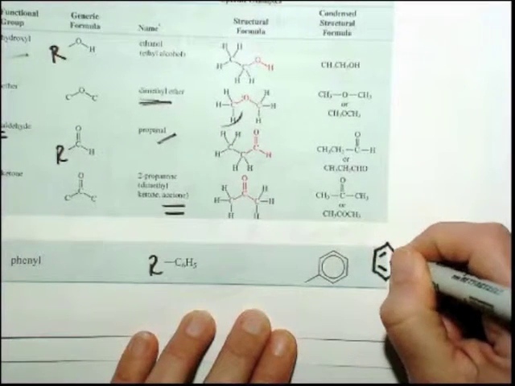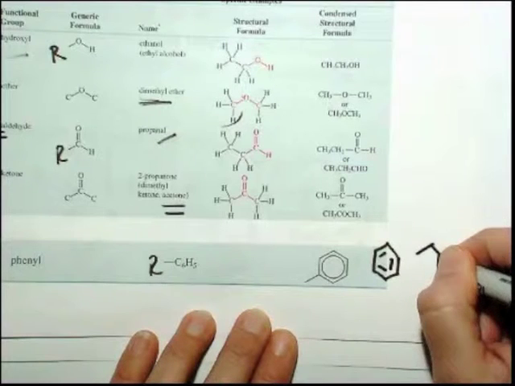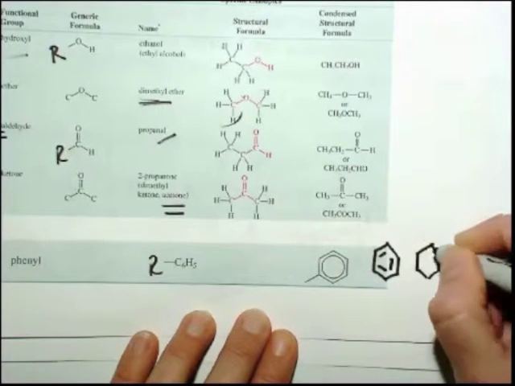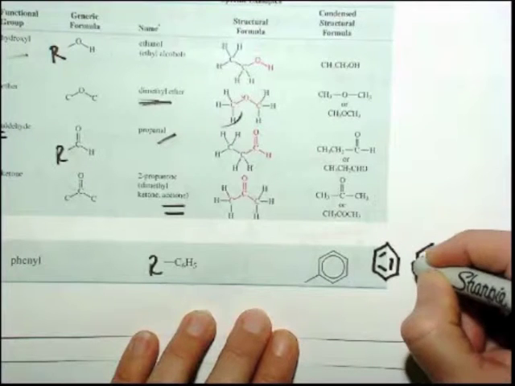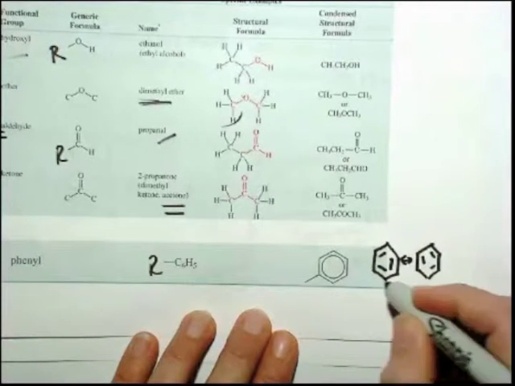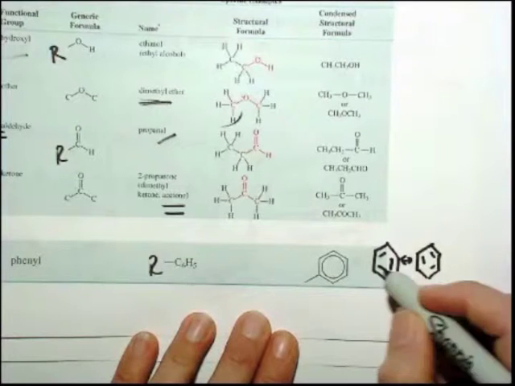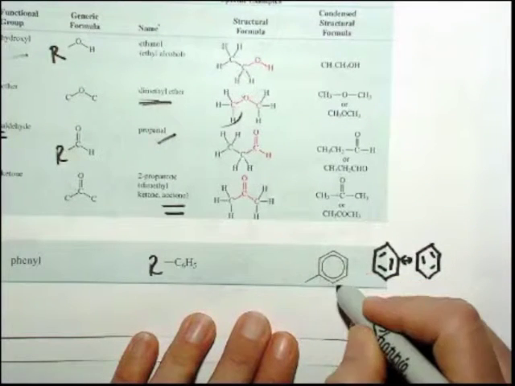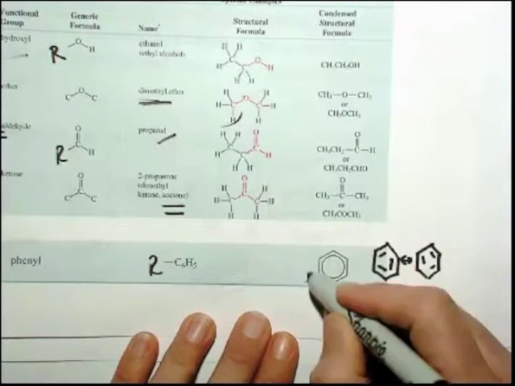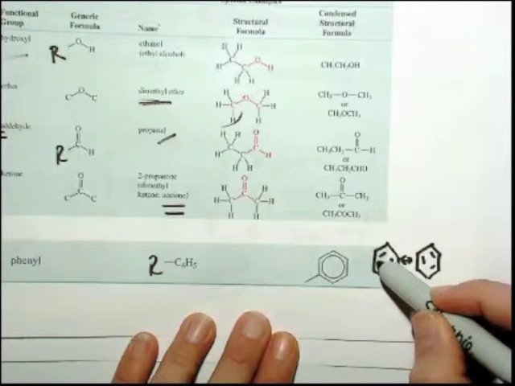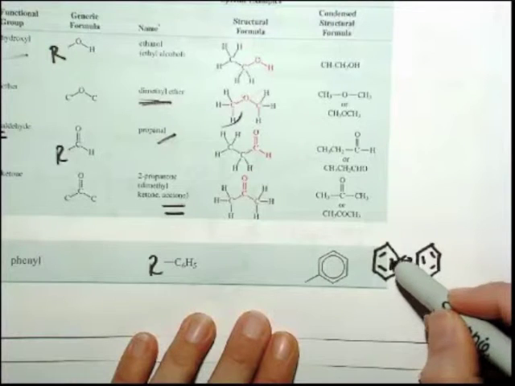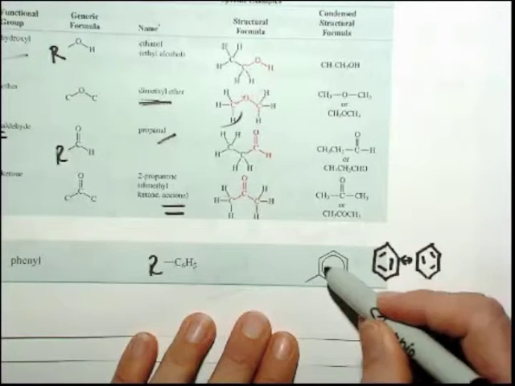And the benzene ring is a cyclic hydrocarbon with 3 double bonds, and because the double bonds can exist in these 2 conformations, this is actually a resonance structure, and it's drawn like this with the circle in the middle to indicate resonance, because really each one of these bonds between these carbons is like a 1.5 bond rather than double, single, double, single. It's in between.